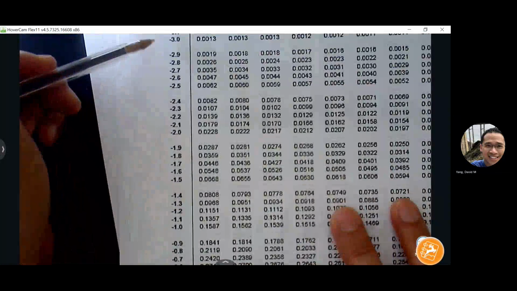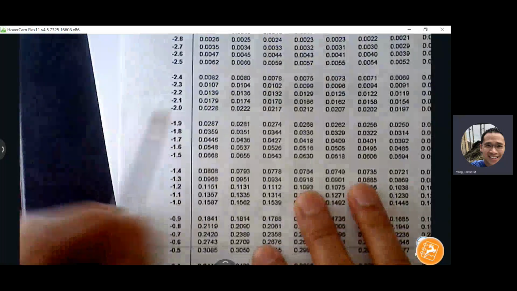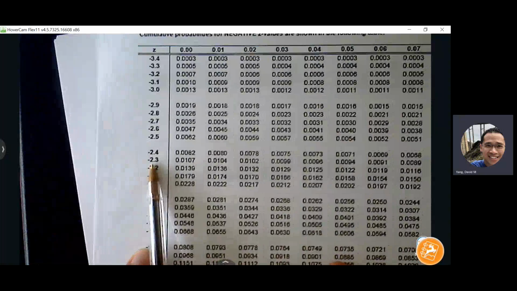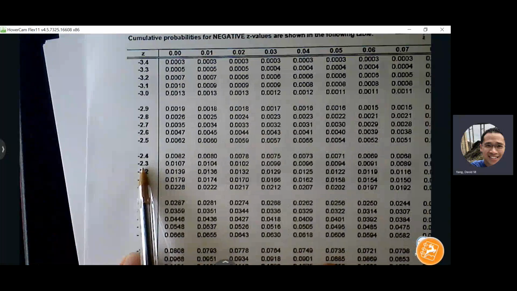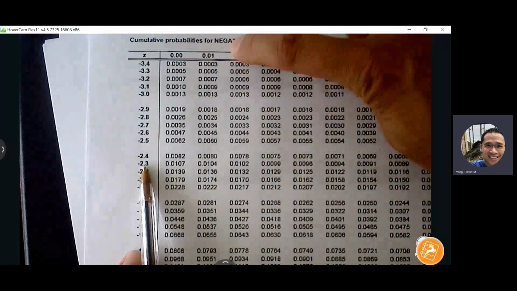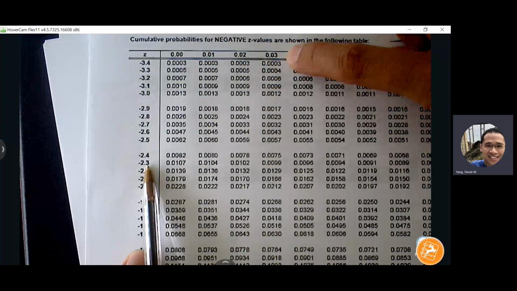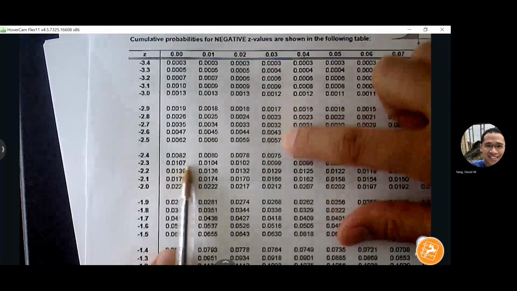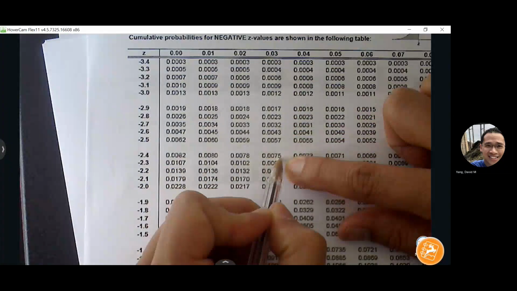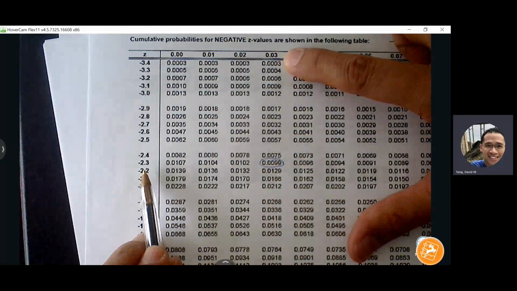I see negative 2.3, but I need the 0.03 from the hundredths spot. So this is negative 2.30, negative 2.31, negative 2.32, negative 2.33. You guys see how to read that table here?